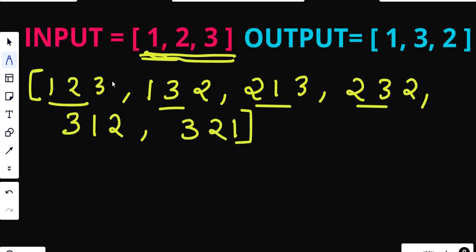So for that, firstly we'll observe these permutations and try to understand what things are repeating and how we can identify where we have to shuffle these numbers in order to create the next permutation.